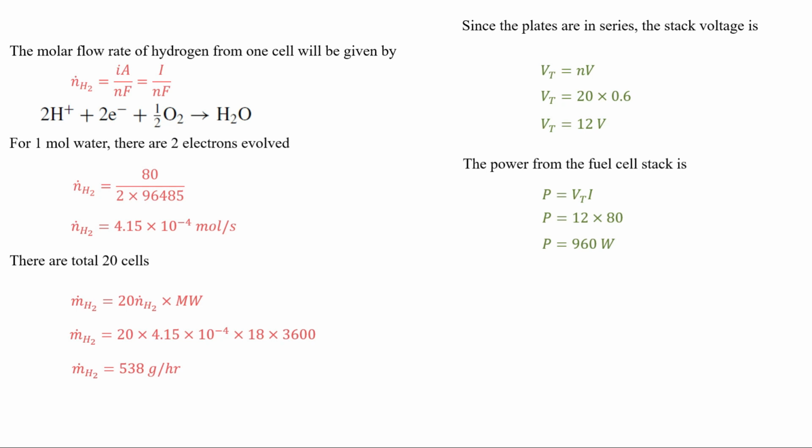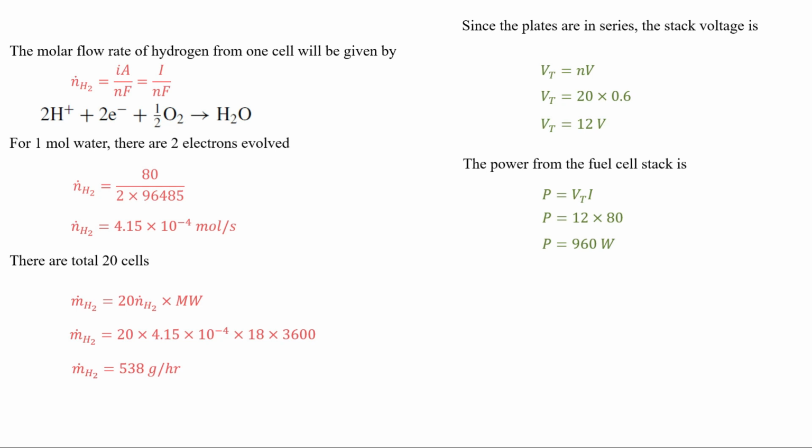So if we go through this problem, we determined the molar flow rate of water by using Faraday's law, and then we determined the total water produced from a fuel cell stack in gram per hour by utilizing molecular weight.